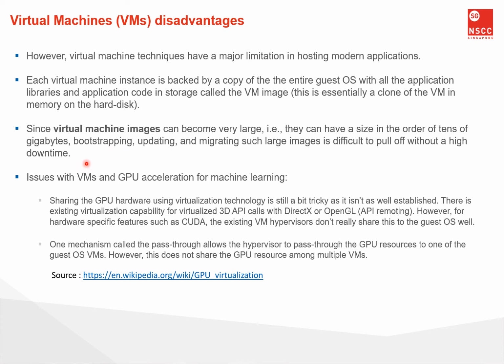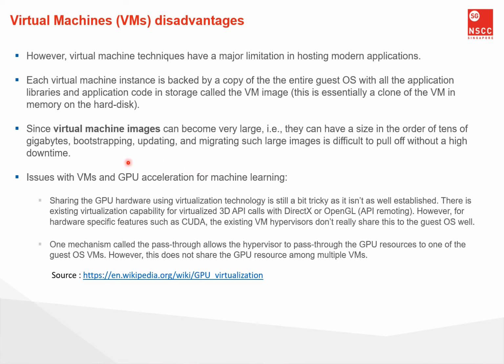There are also issues with sharing the virtual machine with GPU acceleration, which we're going to see is a problem, because graphics processing units, or GPUs, are increasingly critical in accelerating AI processing or machine learning processing, in the sense that without GPU acceleration, many of the algorithms such as deep learning will take simply too long to do the training to build a model.